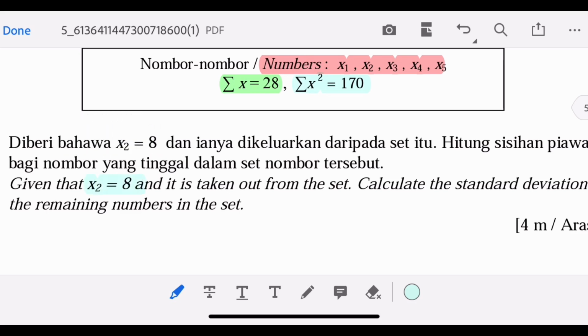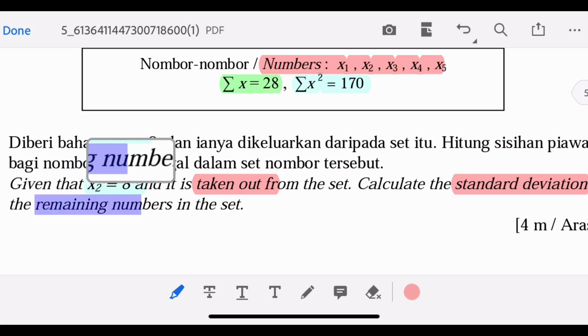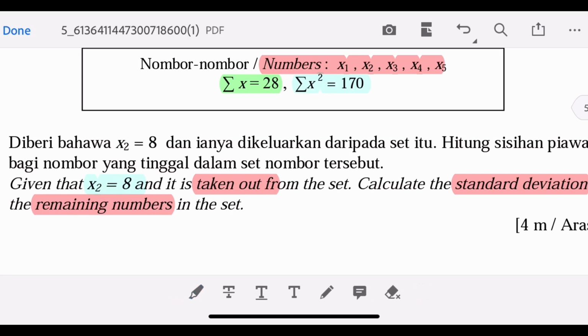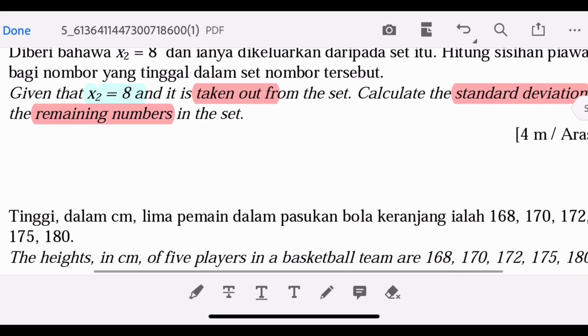Given that x2 equals 8, and it is taken out from the set of data. Taken out, be careful, when taken out, the number of data will be reduced. Calculate the standard deviation of the remaining numbers in the set. That means you are going to remove one of the data, x2. X2 they inform you is 8, but the rest they never mention.